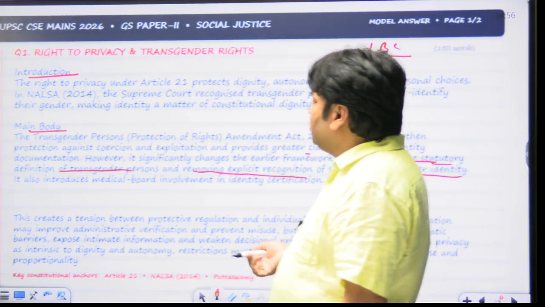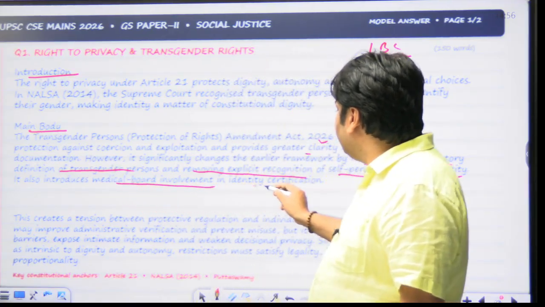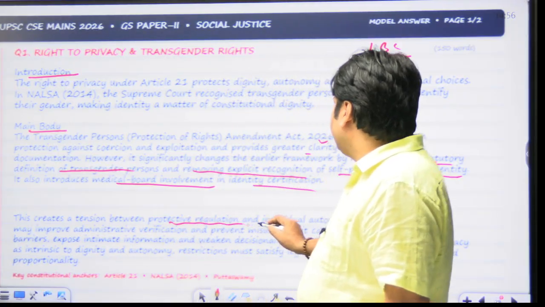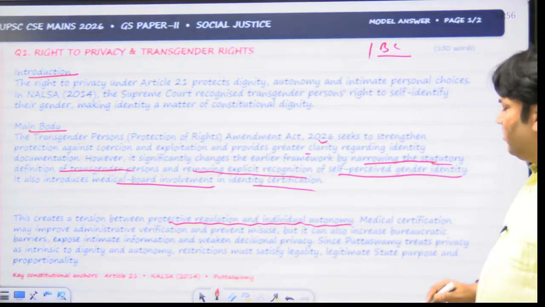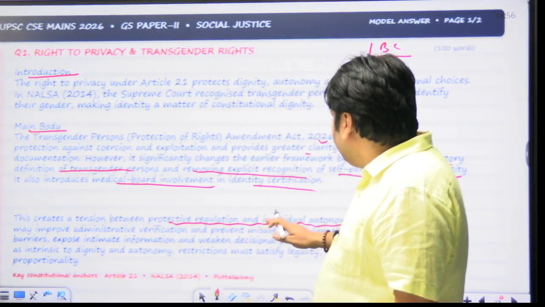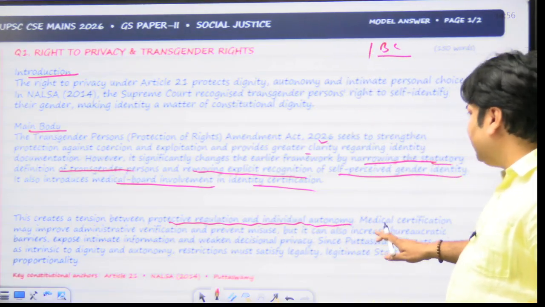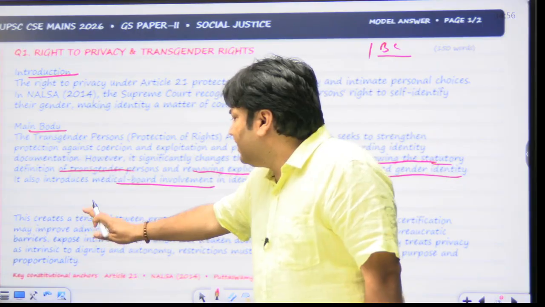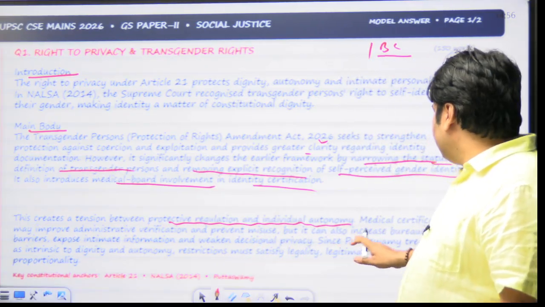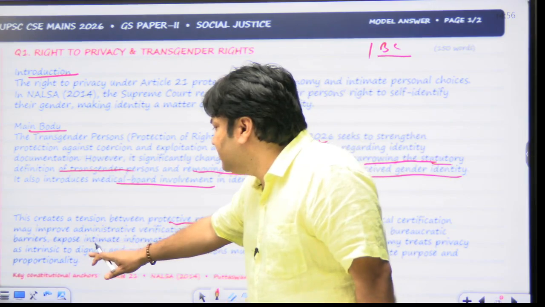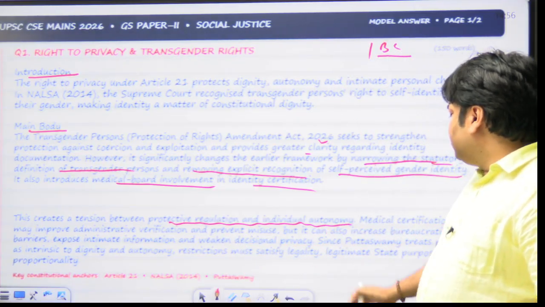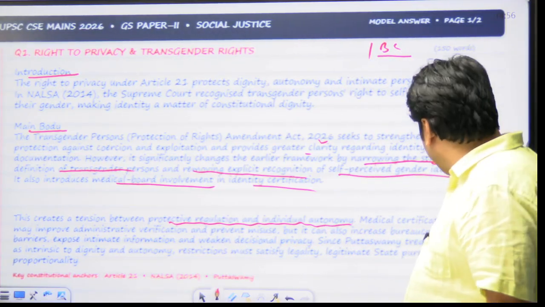It also introduces medical board involvement in identity certification, and this creates a tension between protective regulation and individual autonomy. Medical certification may improve administrative verification and prevent misuse, but it can also increase bureaucratic barriers, expose intimate information, and weaken decisional privacy. Since Puttaswamy treats privacy as intrinsic to dignity and autonomy, restrictions must satisfy legality, legitimate state purpose, and proportionality.